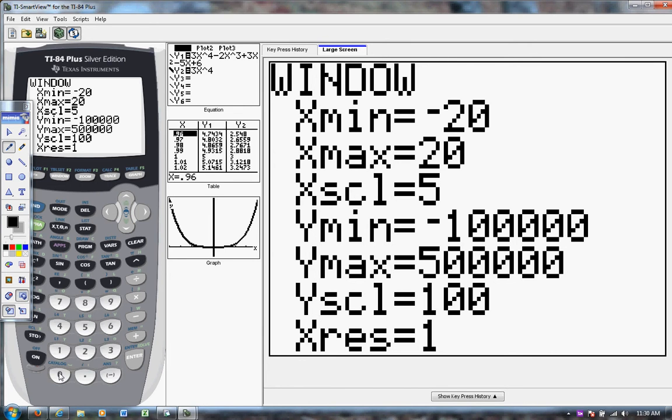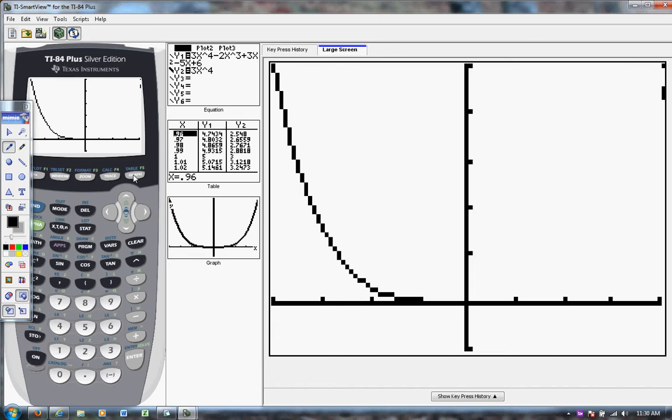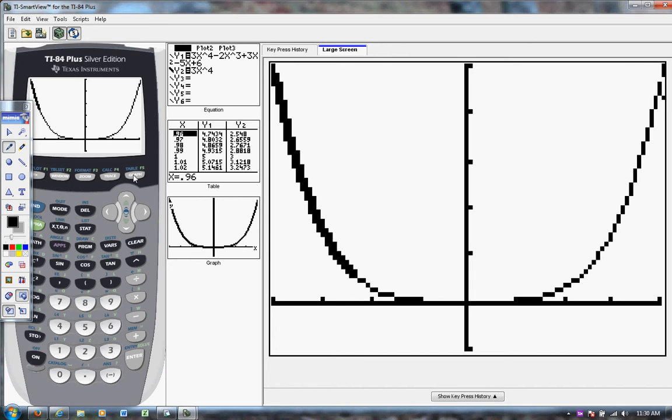Otherwise, it'll try to put in way too many tick marks. Now let's look at the graph. And what you're going to see is that as we zoom way out, the two functions look exactly alike. Okay? They actually basically laid on top of each other, at least it appeared to.